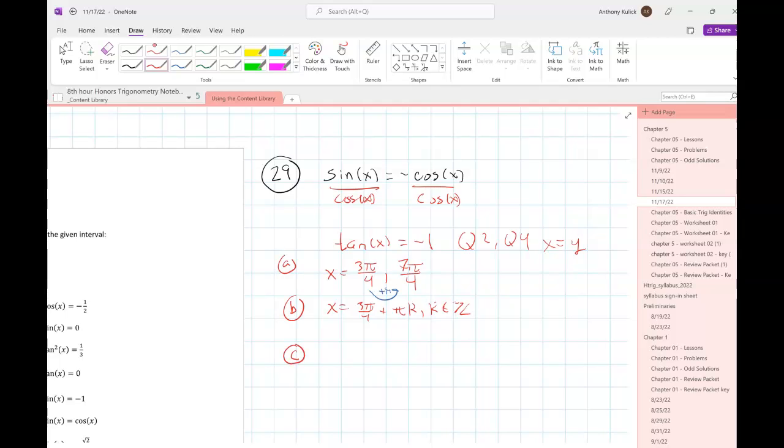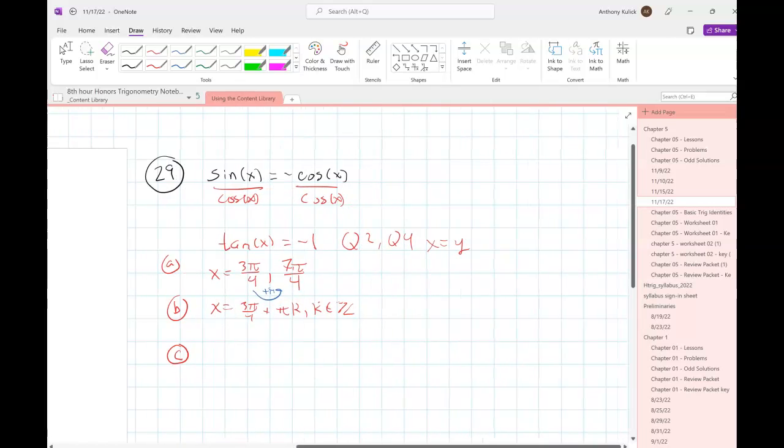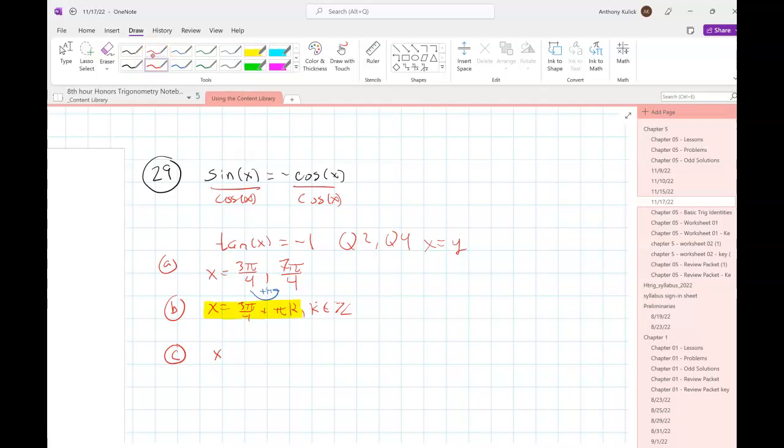And then part C, what's that? Negative 2 pi to positive 2 pi? Yeah. Okay. So I'm going to look here. If k is -1, I'd have 3 pi over 4 minus pi.